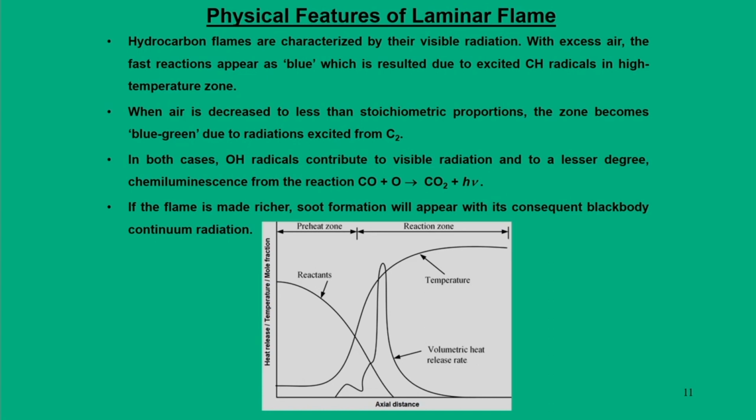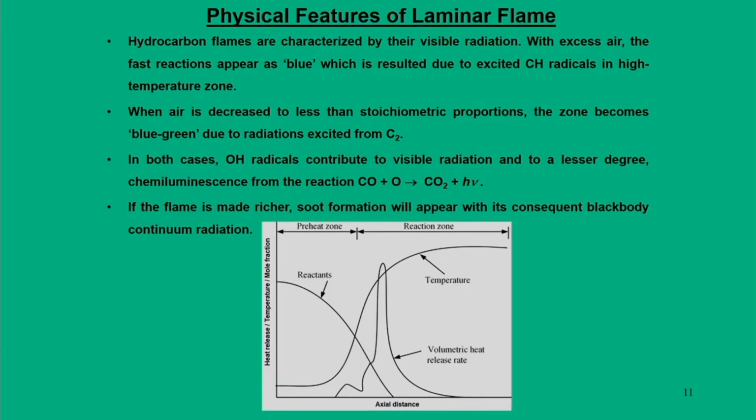Another kind of study people have done is on hydrocarbon flames, to see what happens in the reaction zone. We find that during excess air reactions, or in lean mixtures, the flame appears blue, and that is due to the presence of the radical CH, which happens in a high temperature zone.